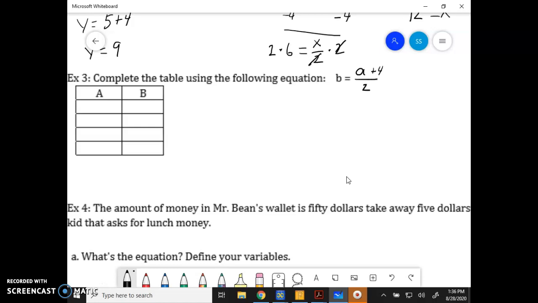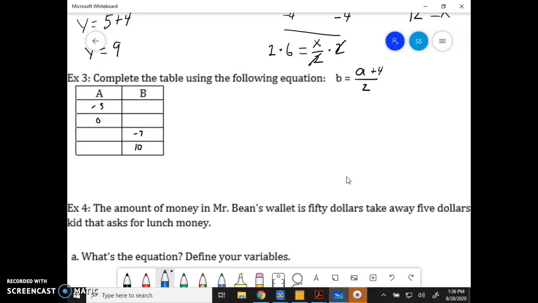And let's put in some numbers here. Let's do negative 3, 0, and then we're going to find some a's when we give you the b's. So we're going to give you negative 7 and 10.